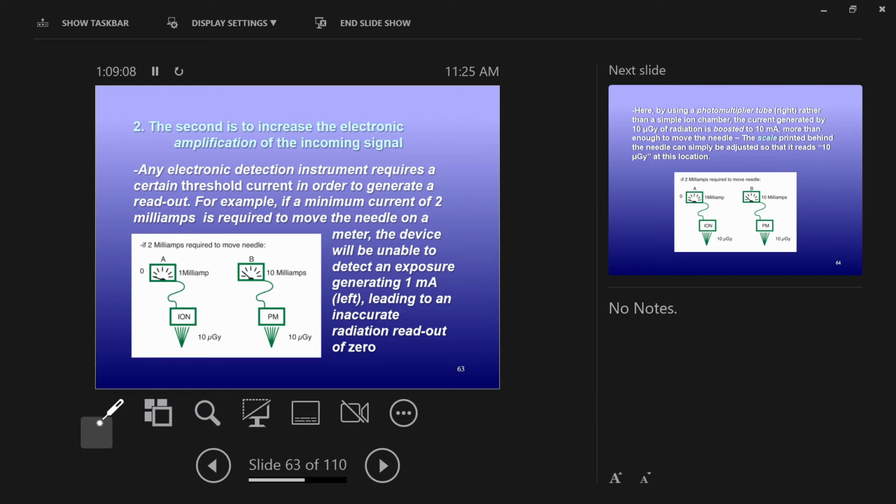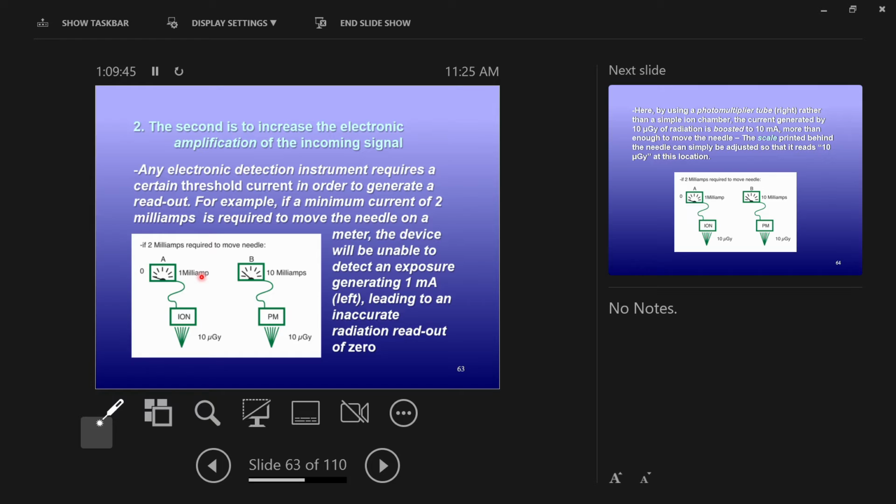And your amplification, so notice over here on the left, it says you have a source of radiation at 10 micrograys. That's the exposure. Your device amplifies that amount of radiation to be 1 milliamp of electric current. But in this case, we're saying we needed 2 milliamps of current to even move the needle at all. So with 10 micrograys, and your amplification is only to 1 milliamp of current, then you're not sensitive to 10 micrograys.